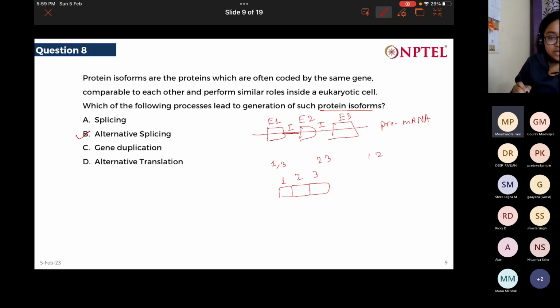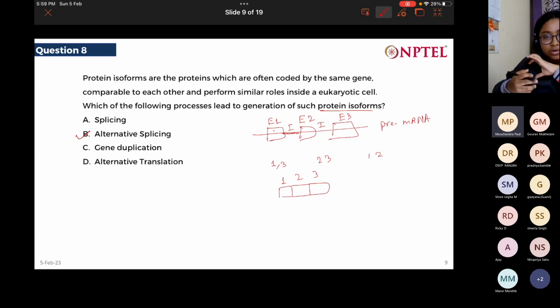But in alternative splicing, what happens? The sequence of exons is changed. Here exon 1 is adjacent to exon 3. So 2 can be adjacent to 3, 1 can be adjacent to 3.